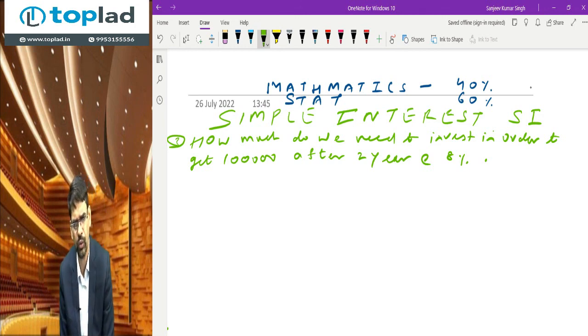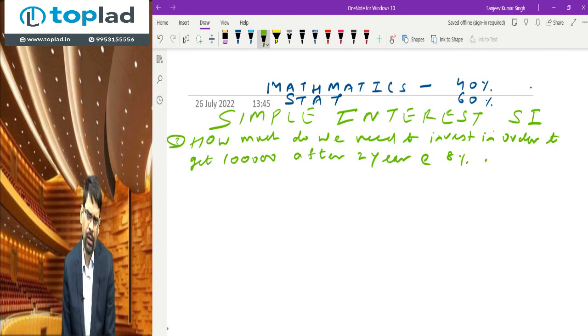In the examination especially, you see, the 1 lakh amount is anything. Amount is 1 lakh, 2 lakh, 3 lakh. And time is also different. In the examination, time might be 1 year, 3 years, 4 years, 8 years. And obviously rate is also different.